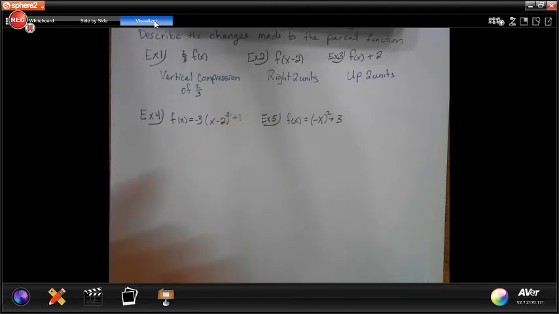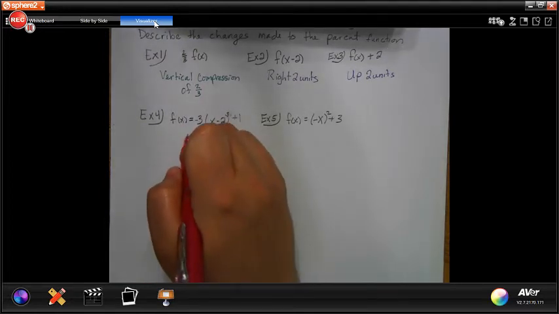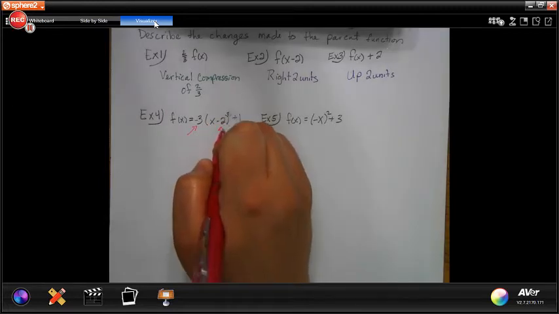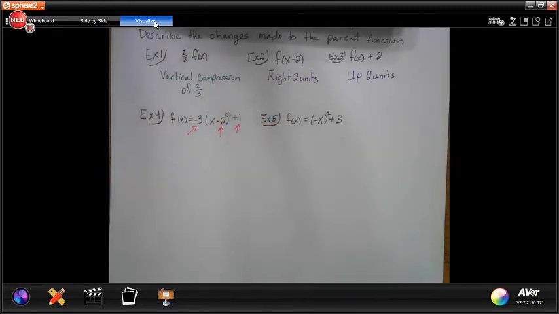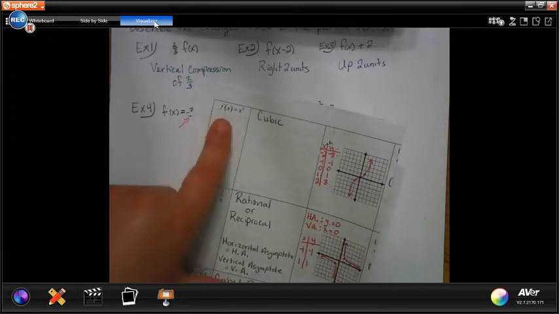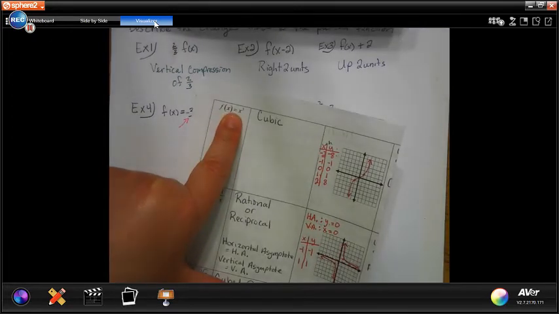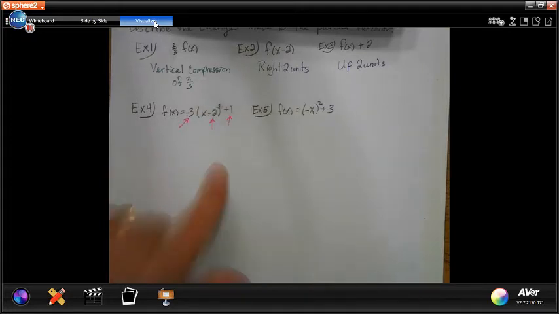Okay, so we need to figure out all of the changes that are happening. So we have this right here, this right here, this right here. Basically anything that's not part of the parent function. The parent function is x to the third power. Anything other than that is a change.